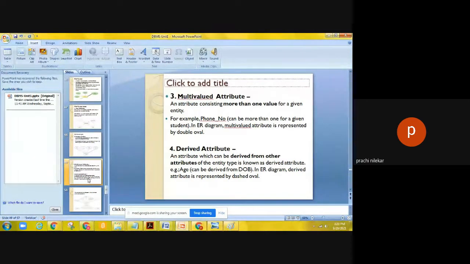I hope you are clear with the concept of entity sets and attribute types. Are there any doubts on how to represent these points in the diagram? If there is any doubt, let me know here only.